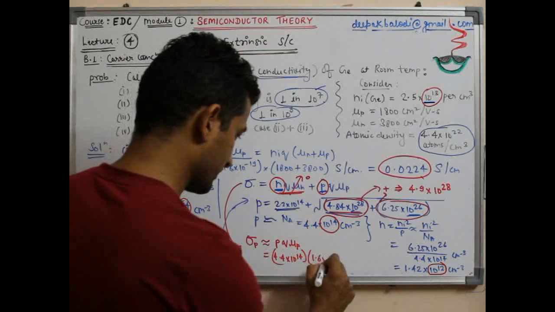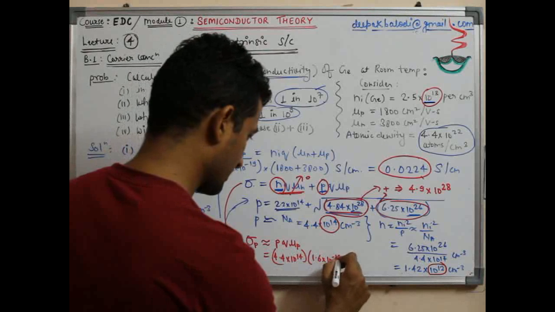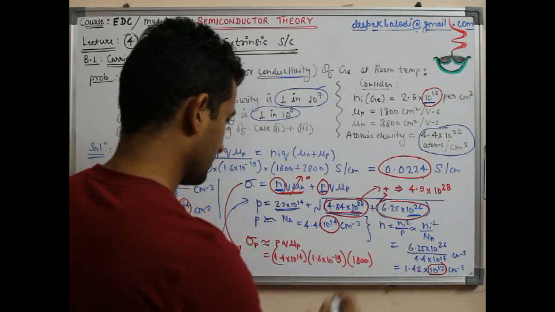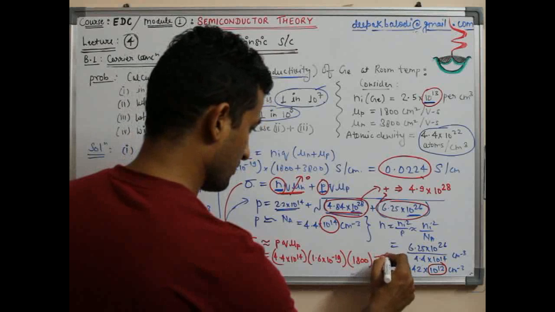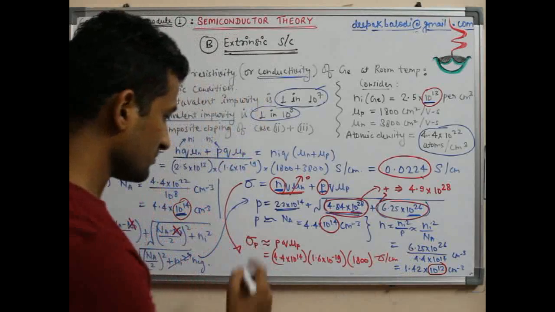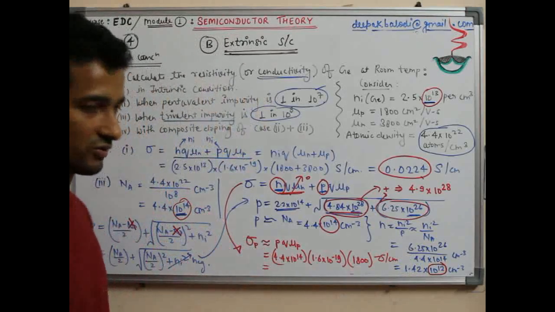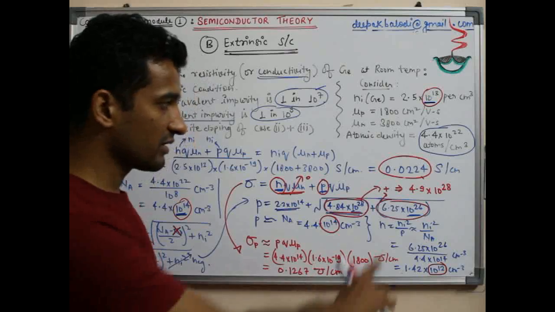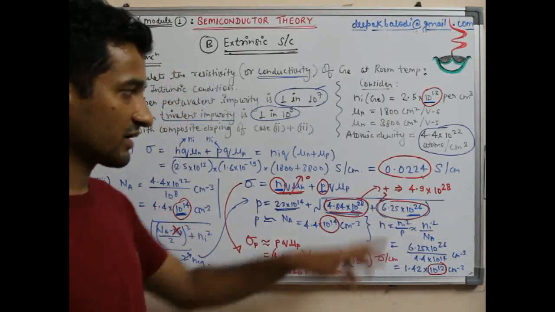Q is 1.6 into 10 to the power minus 19. And mu P is 1800. So this will be mho per centimeter. And this is coming around 0.1267, and the earlier value of intrinsic conductivity was this.